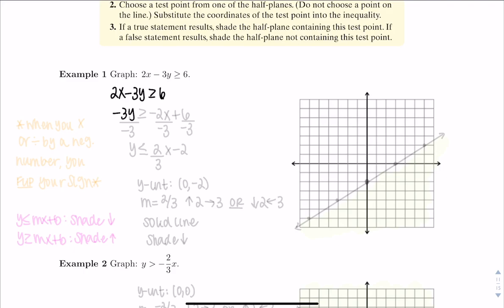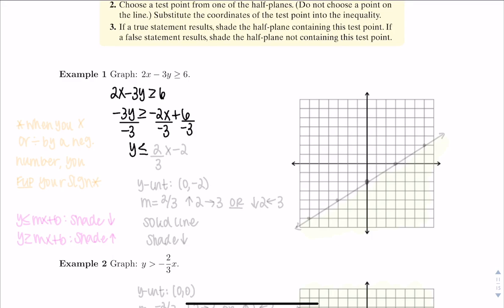We have negative 3y is greater than or equal to negative 2x plus 6. Divide by negative 3, and we get y is now less than or equal to.